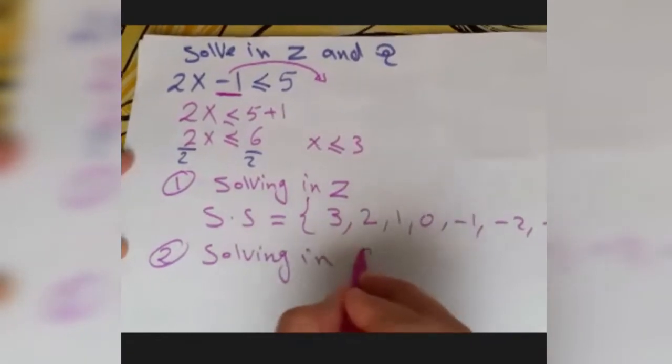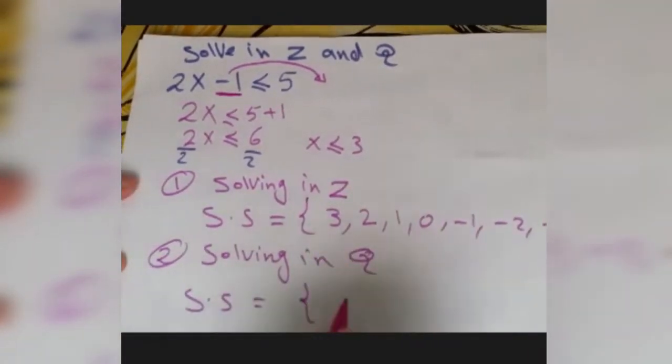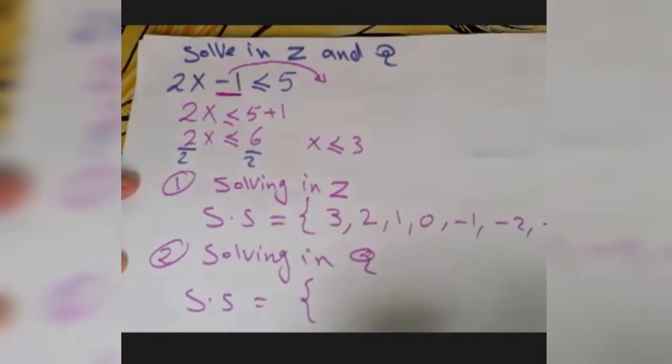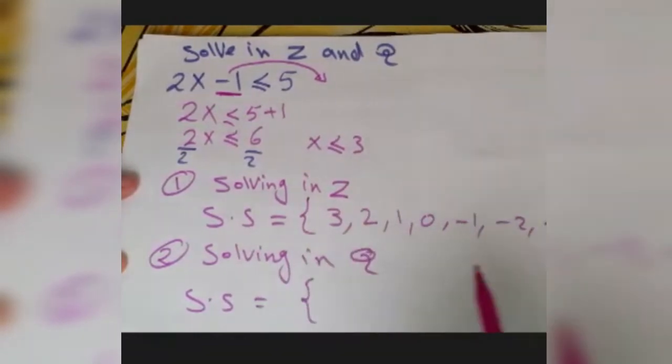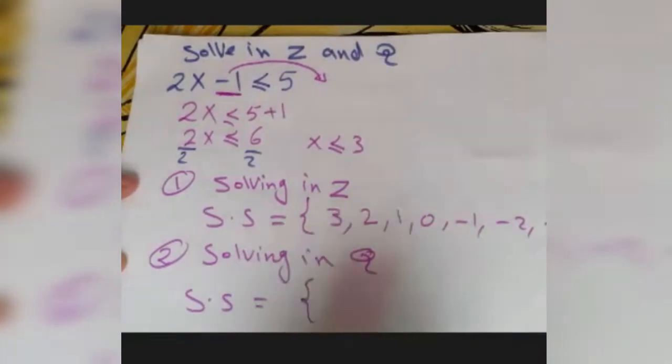Number 2, solving in Q. SS equals. Now we can't write any numbers because Q has infinite numbers between any two consecutive numbers. Between 2 and 3, we have infinite numbers, fractions, decimals, and so on. Between 1 and 0, we also have infinite fractions and decimals.